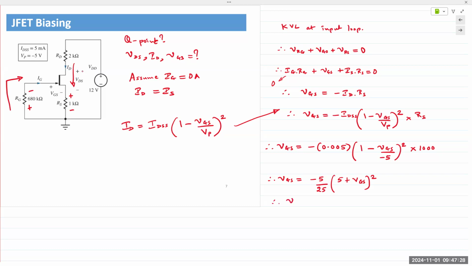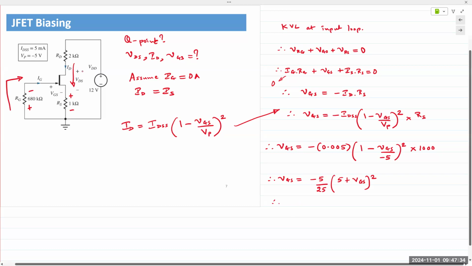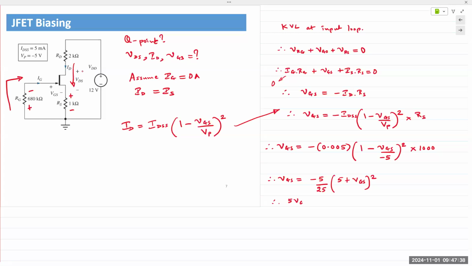So that gives me 5 VGS is equal to 25 plus 10 VGS plus VGS square.